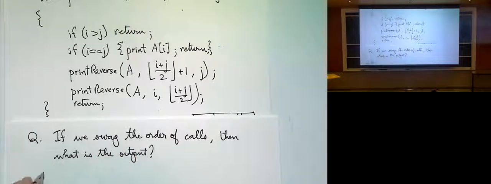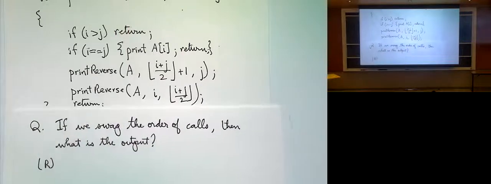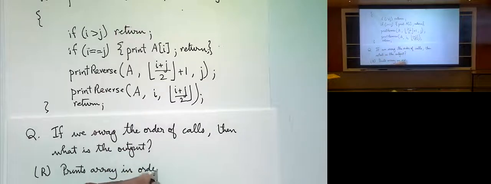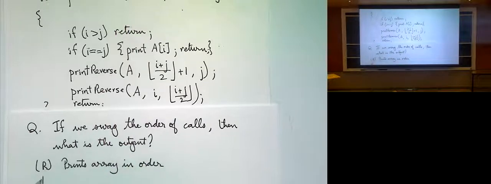The first option is it prints the array in order, or it prints some part in order, some part in reverse.